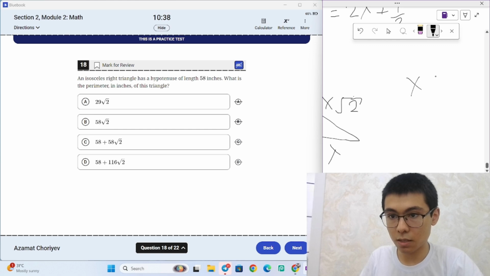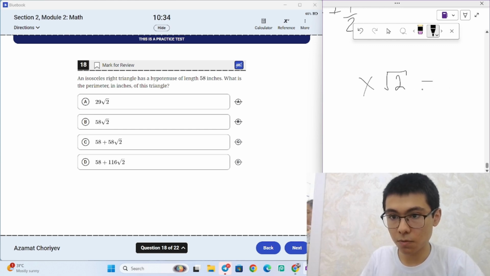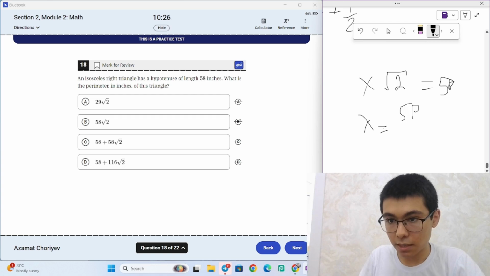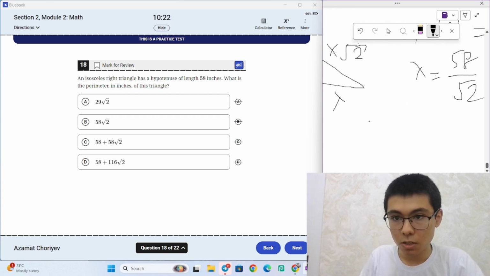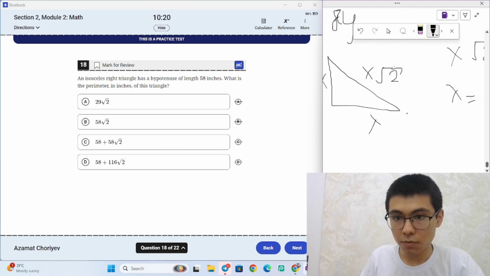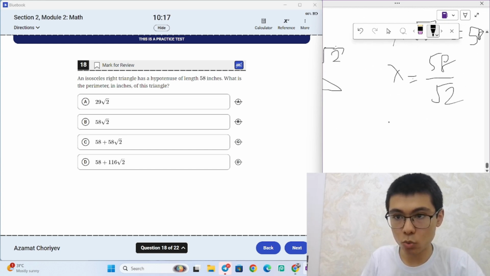So x times the square root of 2 equals 58. So x equals 58 divided by the square root of 2.